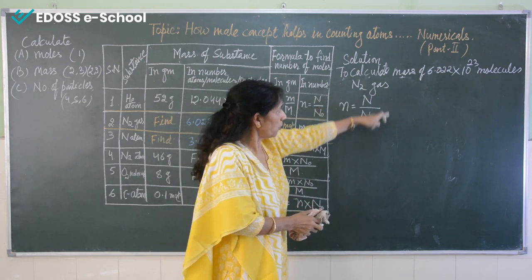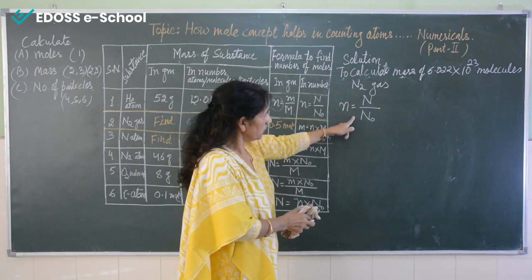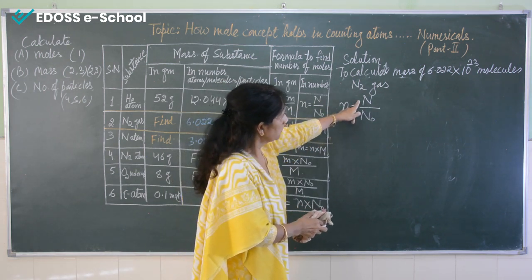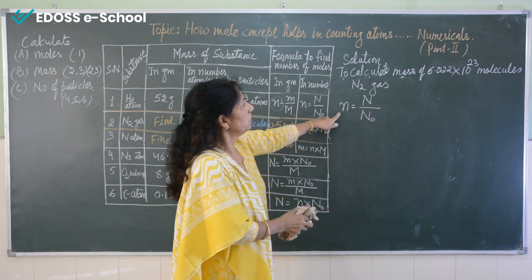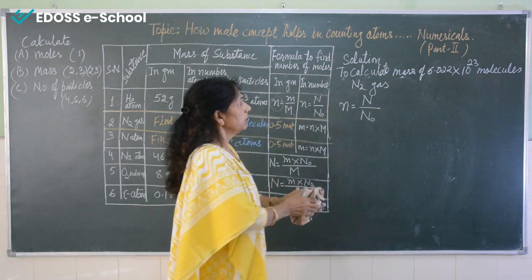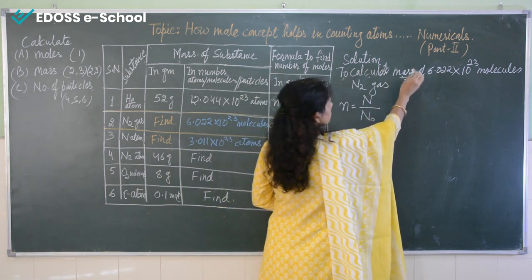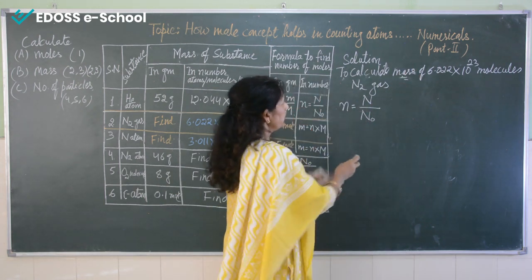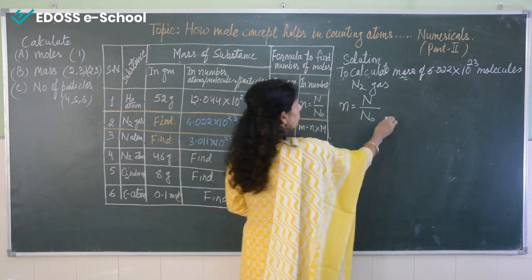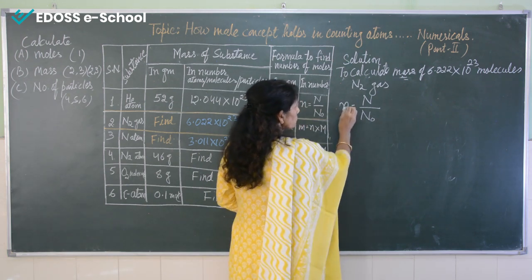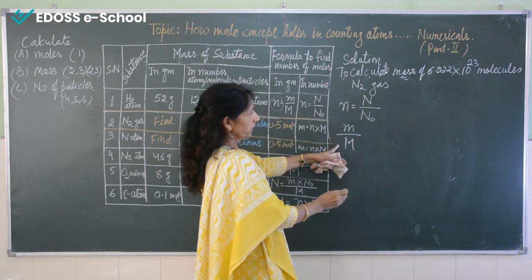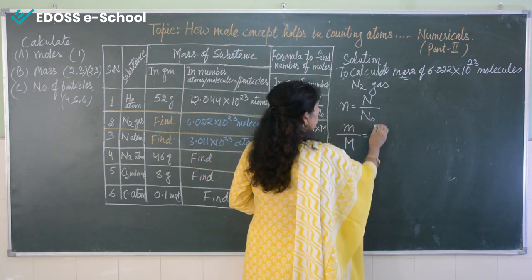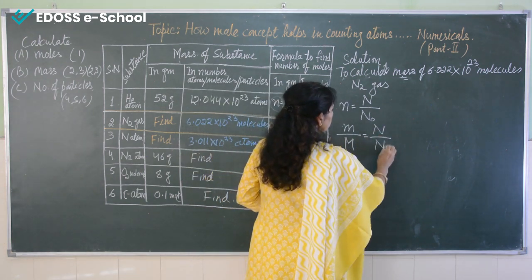So in this formula, two things are known to us, and this we have to find, because we have to find mass. So in the same formula, we know that n is equal to, so in place of n we can write m upon capital M. So this is equal to N upon N naught.